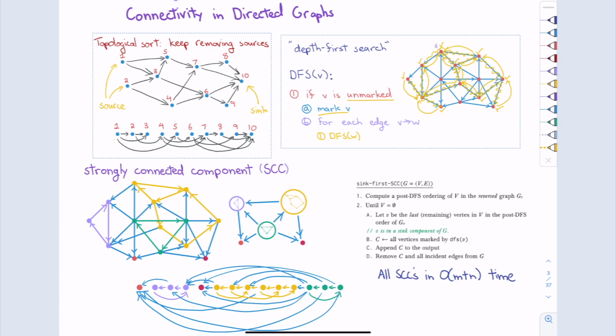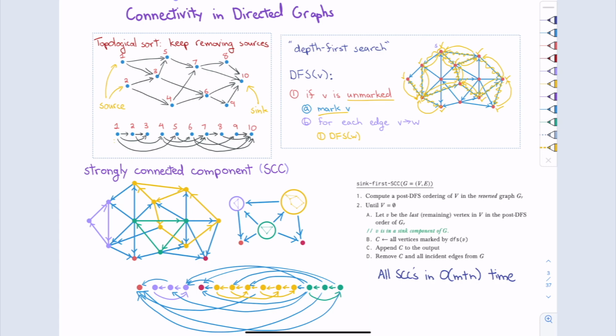Then we started talking about strongly connected components and this idea that, if I'm interested in reachability and who can reach who, let me treat as identical the vertices that are strongly connected with each other, because they'll have the same reachability relations as everybody else. So we have these strongly connected components where everyone within a component is strongly connected.